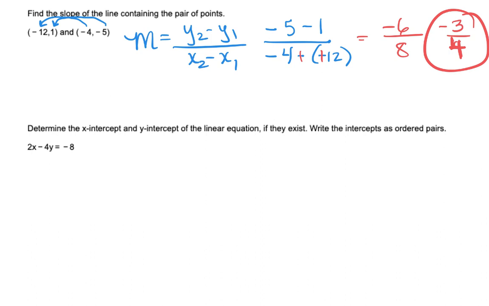Alright, so being able to find the slope. So expect you could see one like this where they just ask you to find the slope, or they may take you, the very last one we're going to do in this, where they ask you to find the equation of a line, but you first have to find the slope. Okay? I will say about this also, depending on this, look, we just got a regular slope, -3/4.